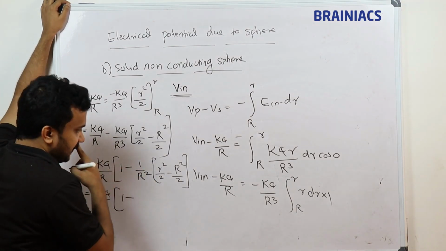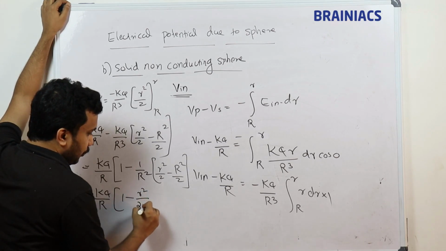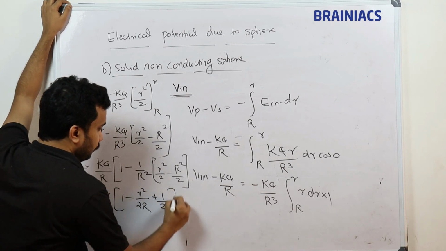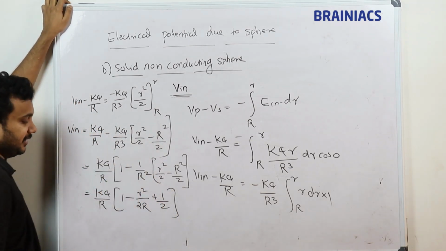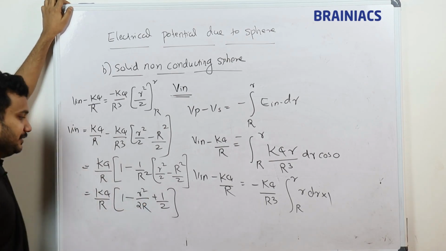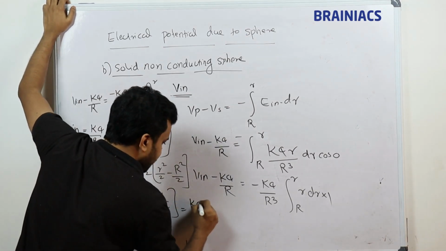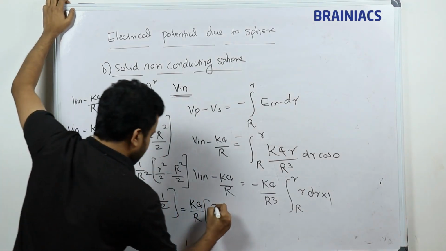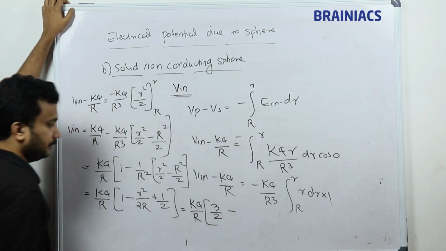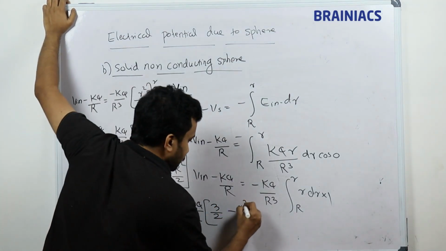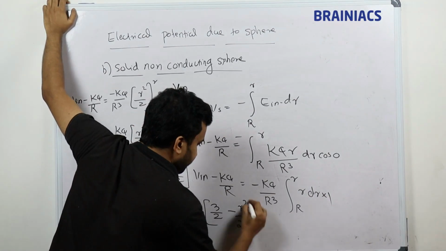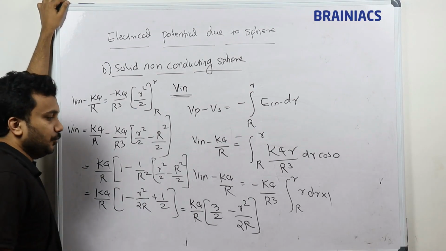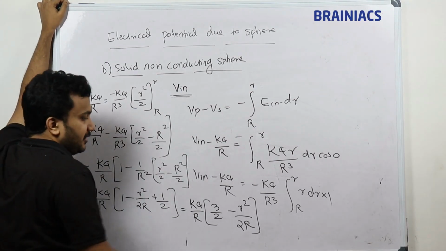If I multiply these two, what is coming? r square divided by 2R square, and minus becomes plus, plus 1 by 2, since the minus is multiplying inside. So 1 plus 1 by 2 is 3 by 2. So the formula is KQ divided by R into, within the bracket, 3 by 2 minus r square divided by 2R square.